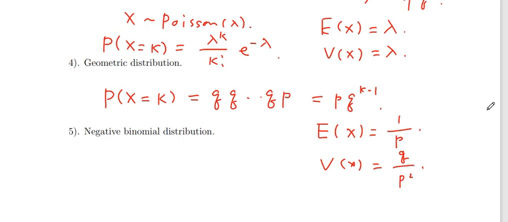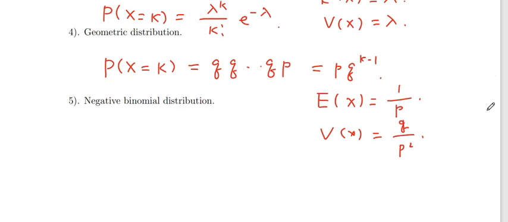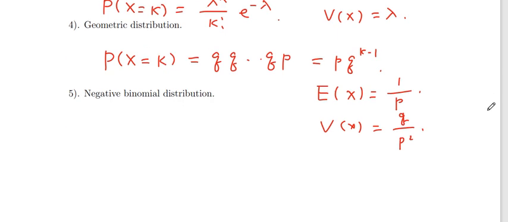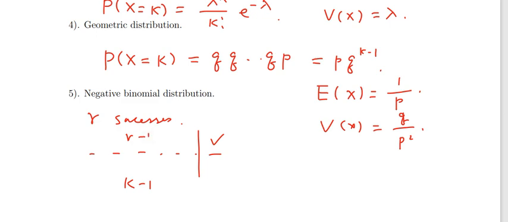So negative binomial distribution means, you just remember, try n times until at least r successes. We say r successes. Okay, so the formula is like the last one is a success. So you try k times. Among the k minus 1 tries you have r minus 1 successes.